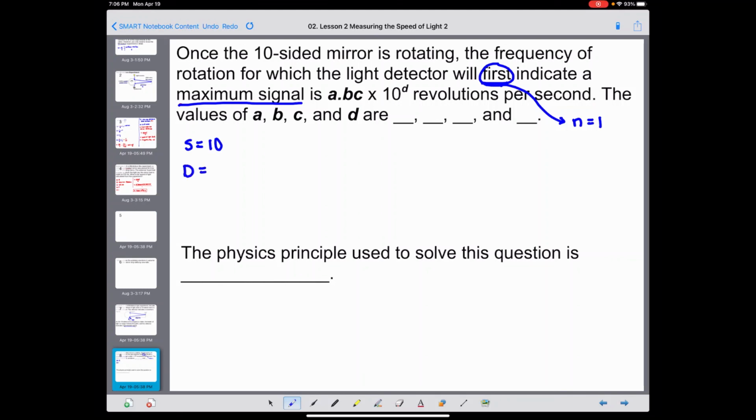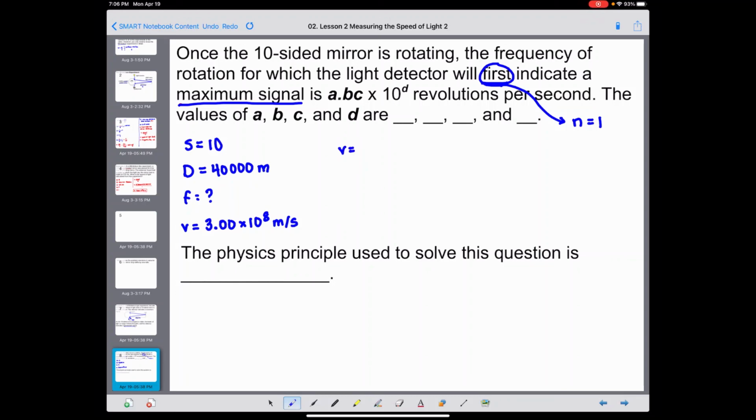Capital D here was 40 kilometers or 40,000 meters. We're looking for the frequency. Now, if you're looking for the frequency, you're going to have to assume that the speed is just the speed of light, which is on your formula sheet. So we'll assume that it's 3 times 10 to the 8.